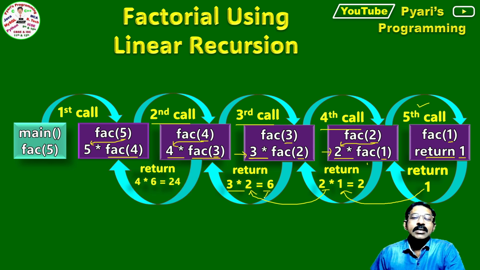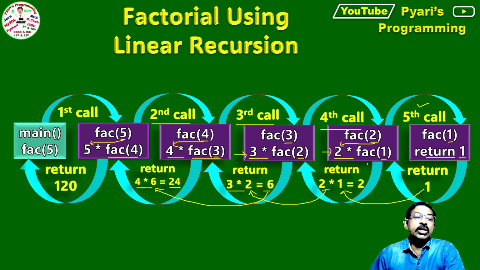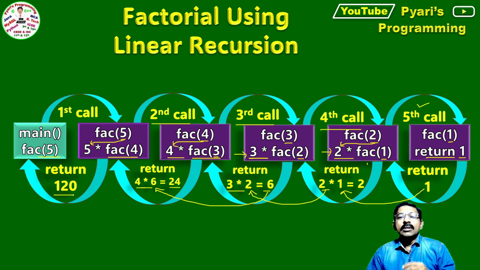It is returning 6. The non-executable part is 4 into, so the whole result becomes 24. To whom will it return? The first call that we did from the main function. So the main function receives 120 and displays it. Hope this makes you a little bit more clear regarding linear recursion.